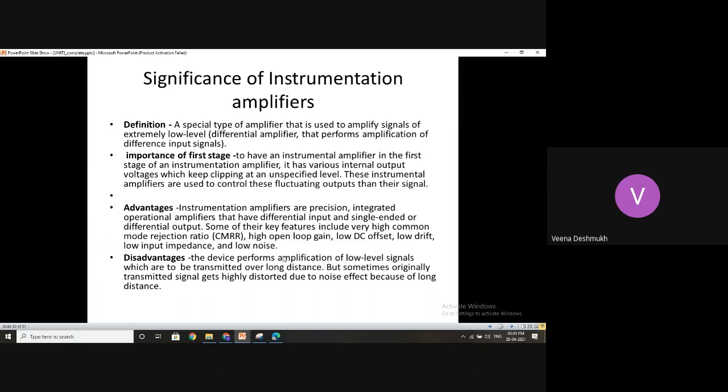And also, when the signal is sensed, it may contain several noise signals. These noise signals have to be stopped from reaching the next stage. That is very well achieved by instrumentation amplifiers if used in the first stage.